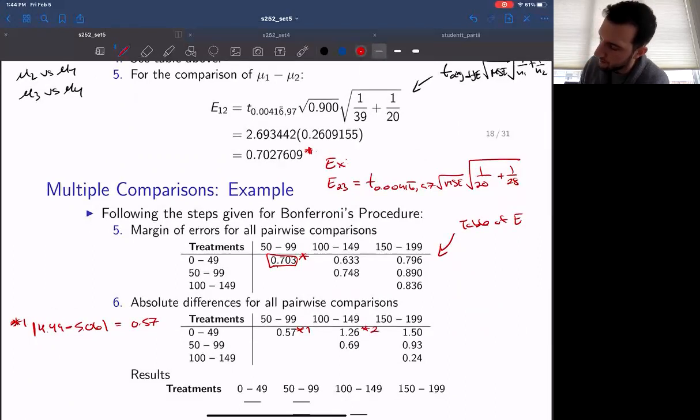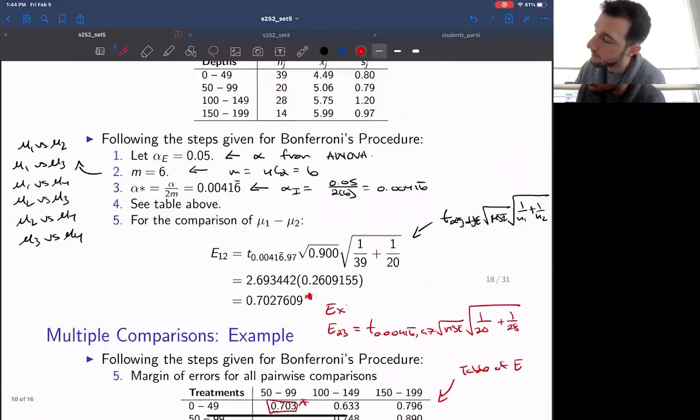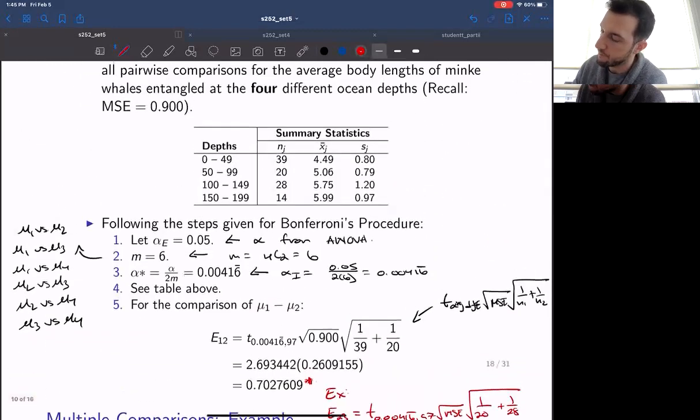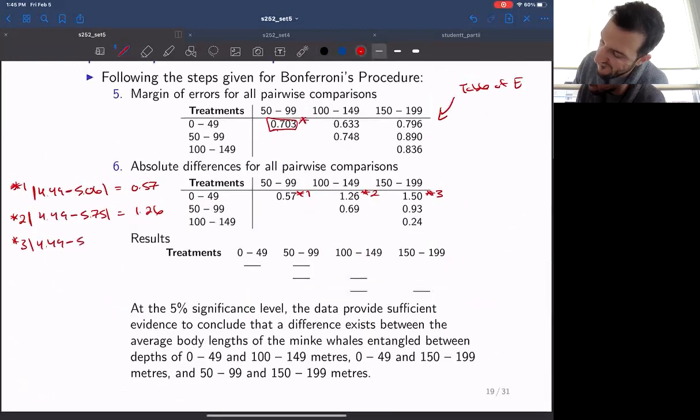This value here is going to be the absolute value of 4.49 minus 5.75, which is equal to 1.26. And then one more example, this value here, number 3, is going to be 4.49 minus 5.99, which is equal to 1.50.